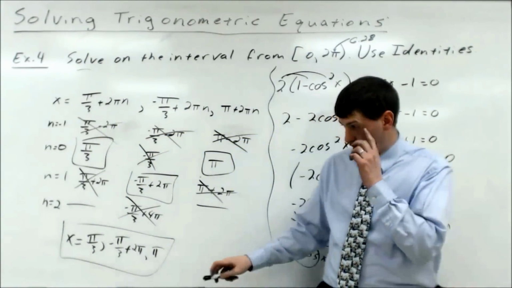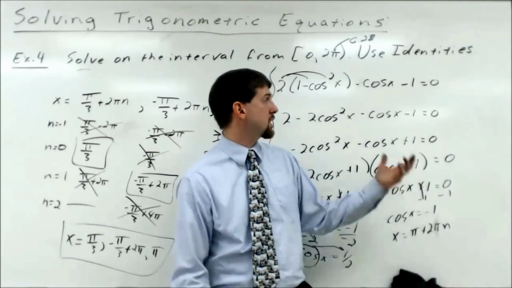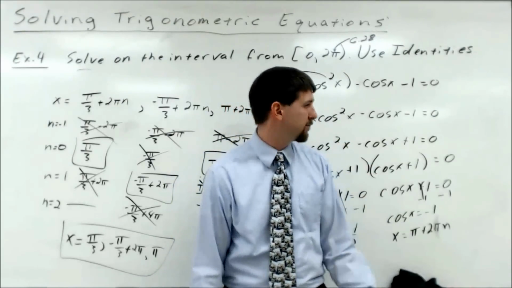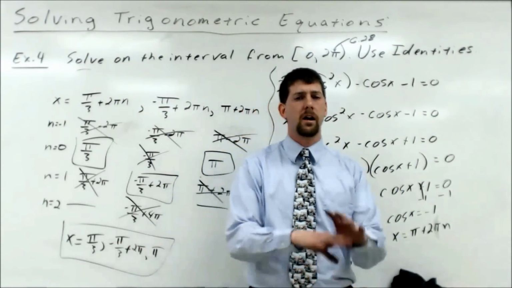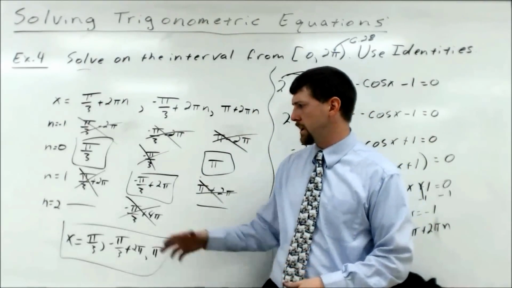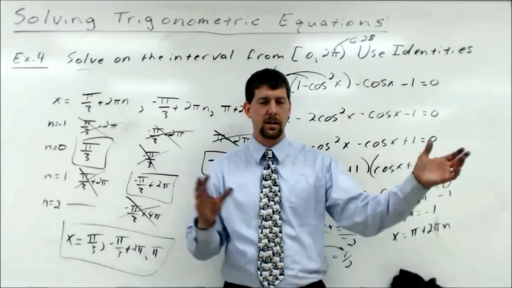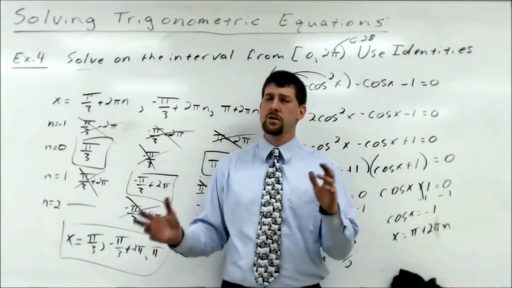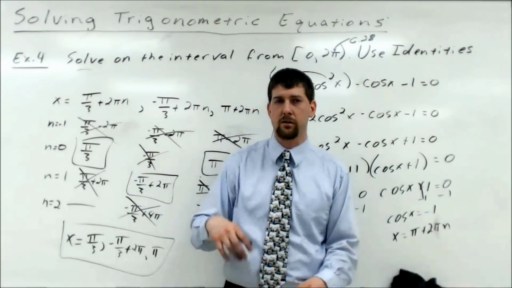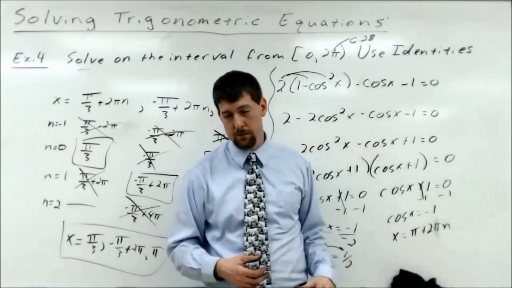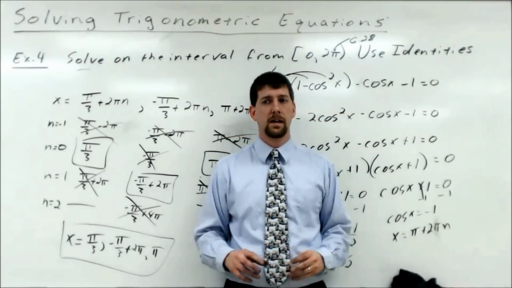Now, that's the way we can use identities. And we could use any of our identities. Pythagoreans are usually the most common because it leads back into the factoring. But as you'll see, as we work through the problem sets in class, there are a lot of different types of identities and substitutions we can use. There's even other techniques that we can come up with other than just factoring and just doing substitutions with identities.